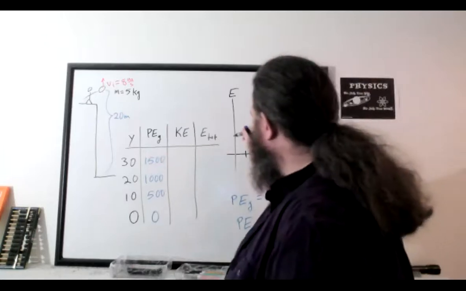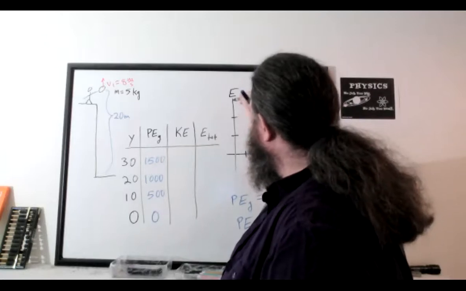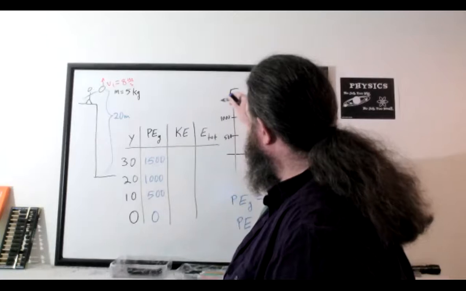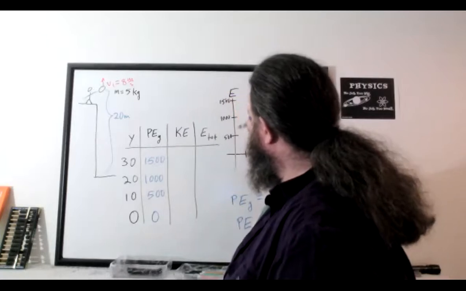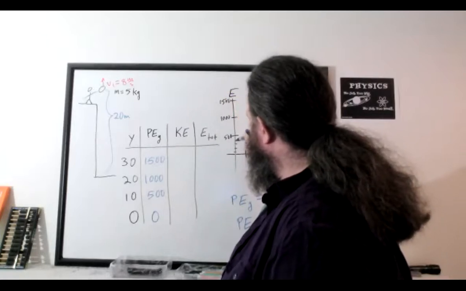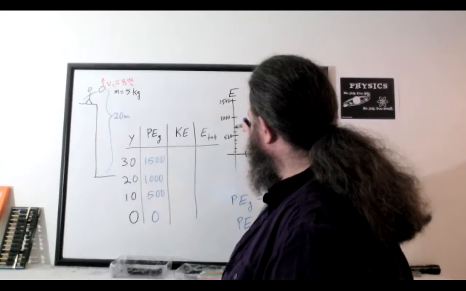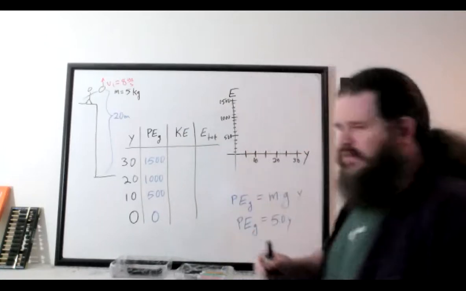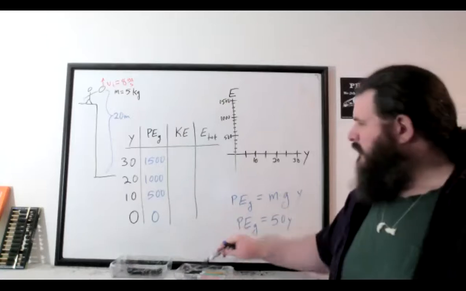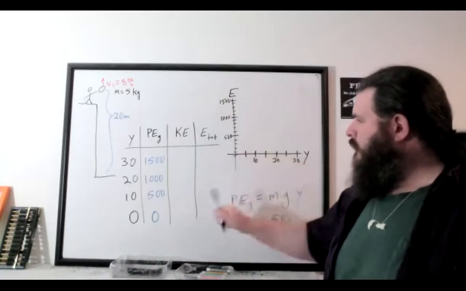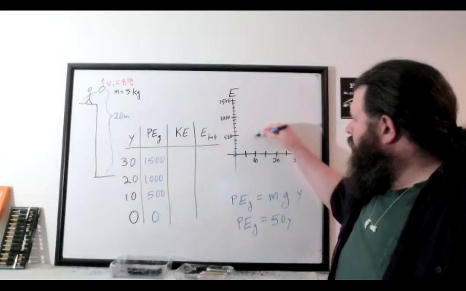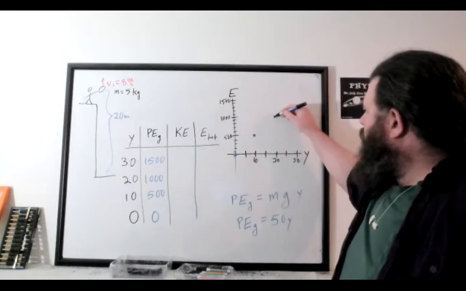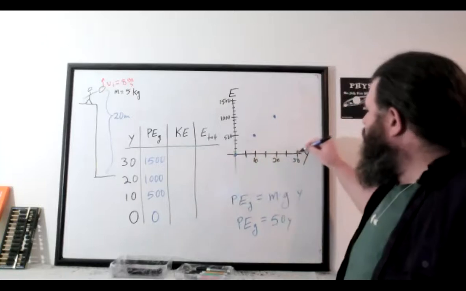And let's just mark these off in 500s. Something like that. So we can plot these points, 0, 0, 10, 500, 20, 1000, 30, 1500.